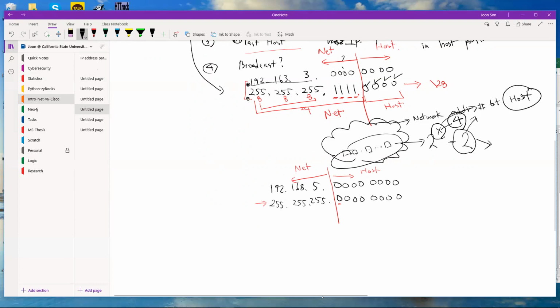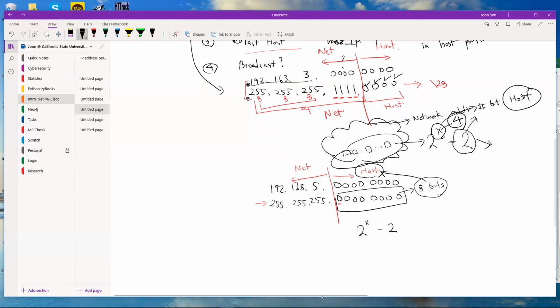So we know that this last octet is the host portion, and 8 bits are used for the host portion. If I ask you to find the number of usable host IP addresses, the formula is 2 to the X minus 2.